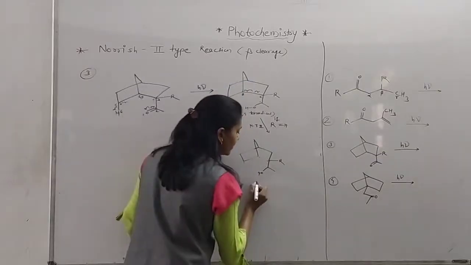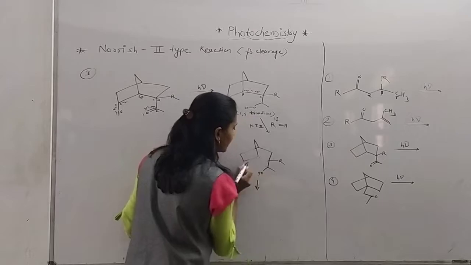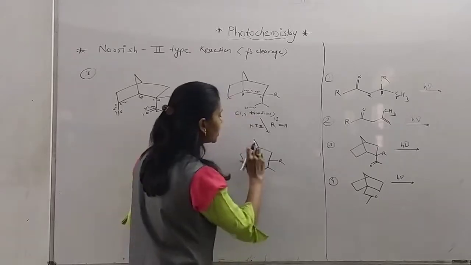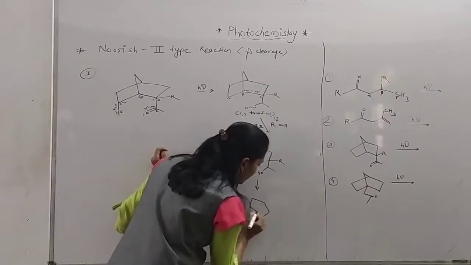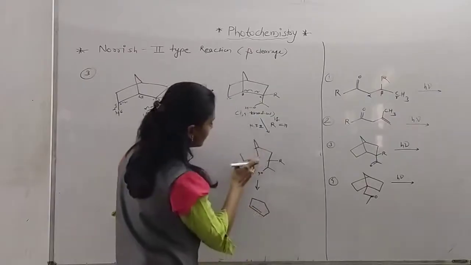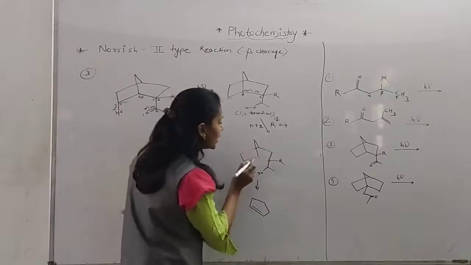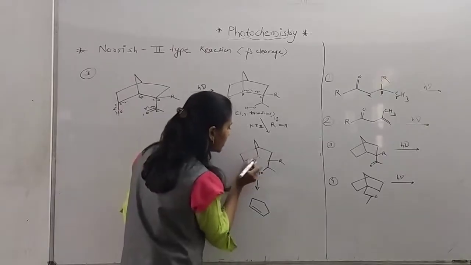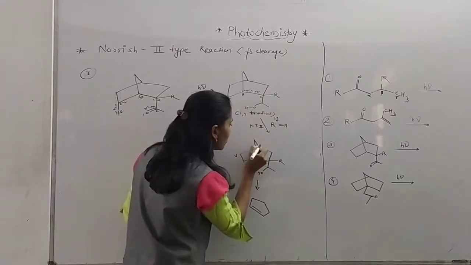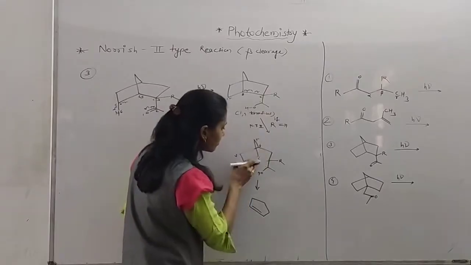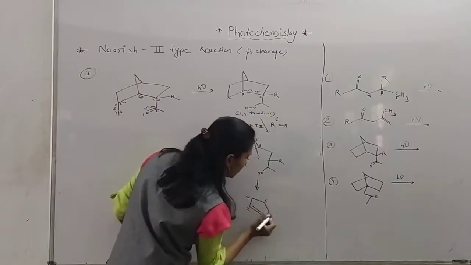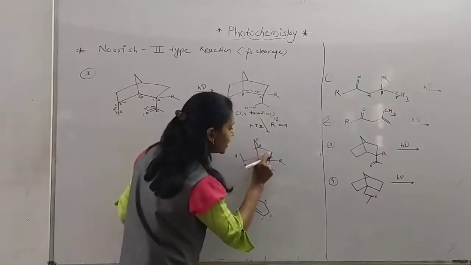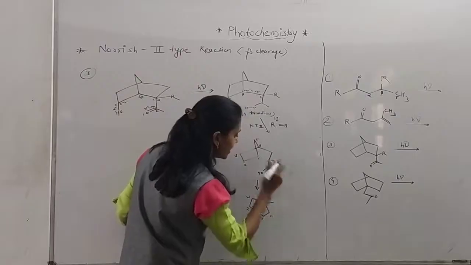As we join these bonds like this, there is a double bond formation in the 5-membered ring. So I have written a 5-membered ring here, and double bond formation. If I give the numbering 1, 2, 3, 4, 5, the double bond is between 1 and 2, and then 3, 4, 5 positions. At the 4th position there is this CH2 group.